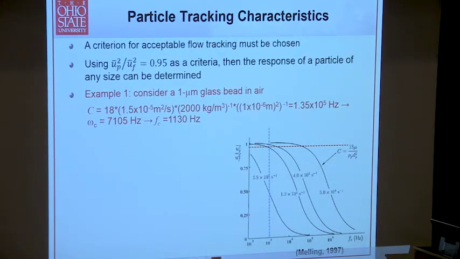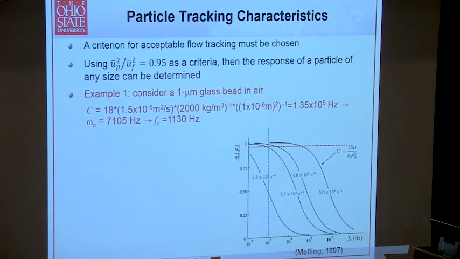Now, let's take a 1 micron glass bead in air. And that's not that far off from what you would use. Let's say glass, you would use a ceramic close to glass. Maybe you have a 1 micron bead. Again, if you go through and put all your numbers in, you end up finding that your characteristic frequency is 1130 hertz, right? So what that means is that this particle can effectively follow a fluid timescale of about a millisecond.